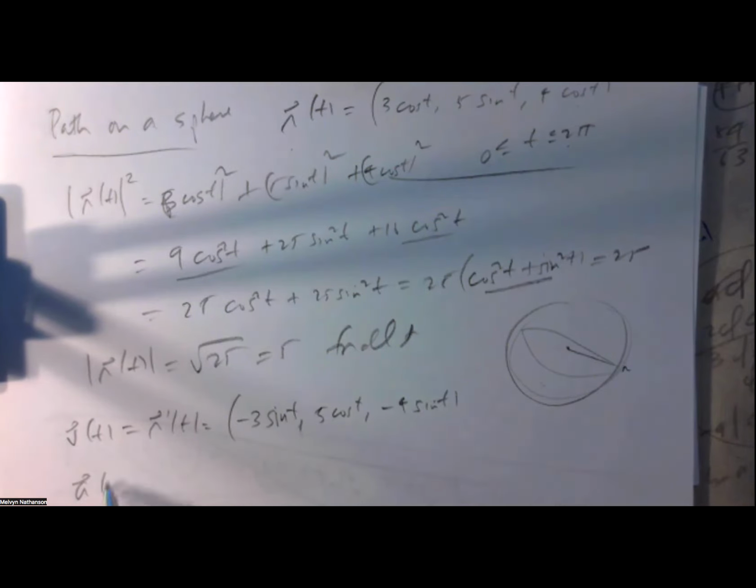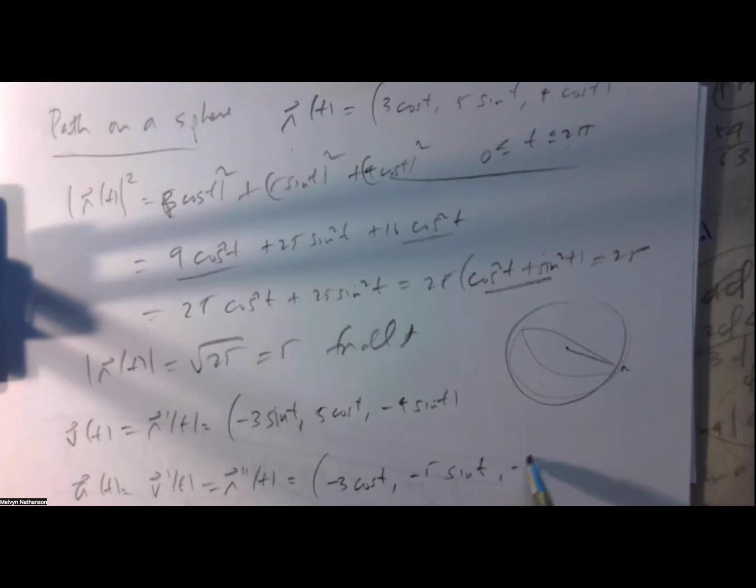What is the acceleration? It's the derivative of the velocity, which means it's the second derivative of the position. If I differentiate the velocity, I get minus 3 cosine t, minus 5 sine t, minus 4 cosine t.